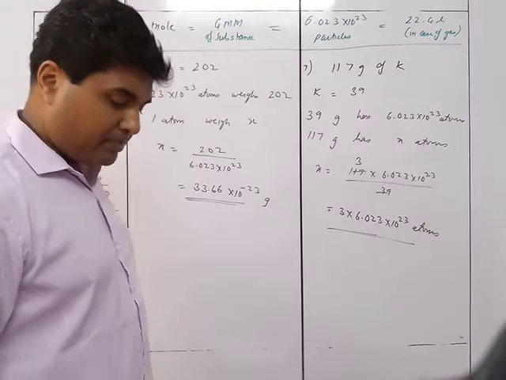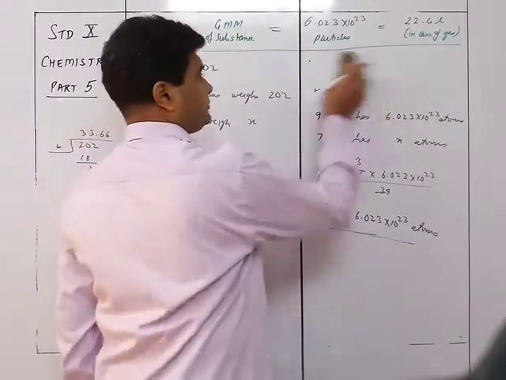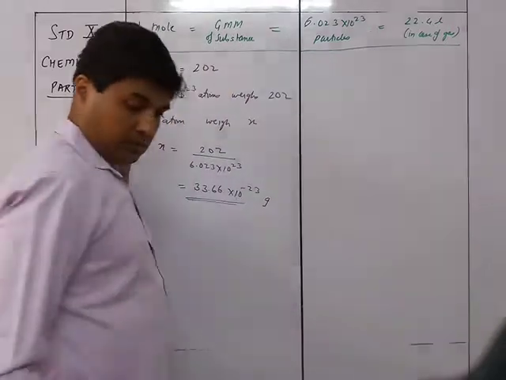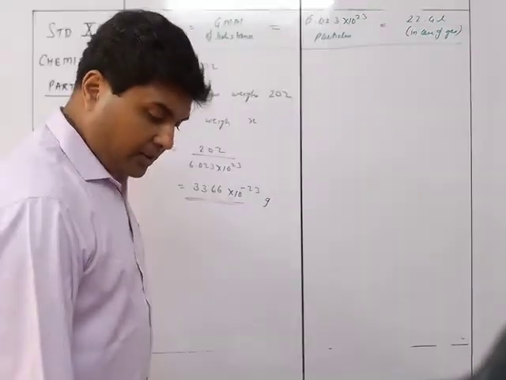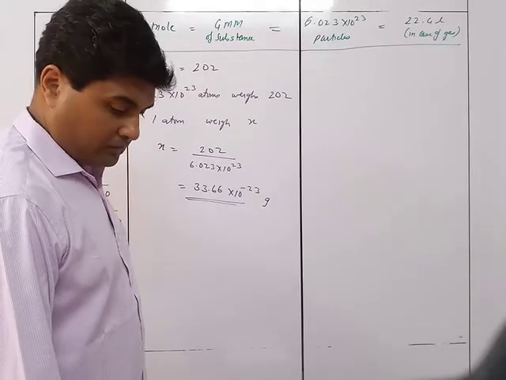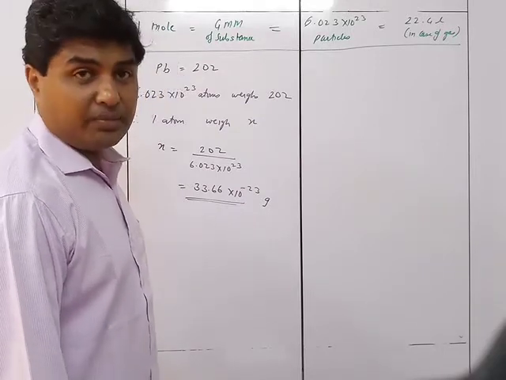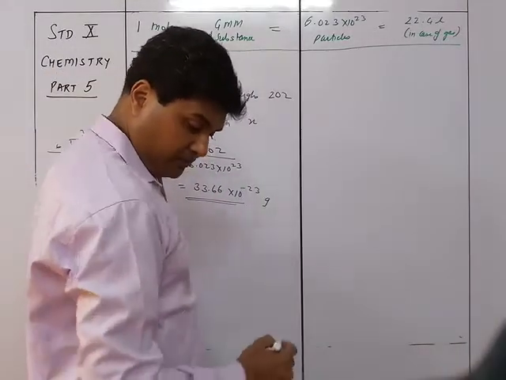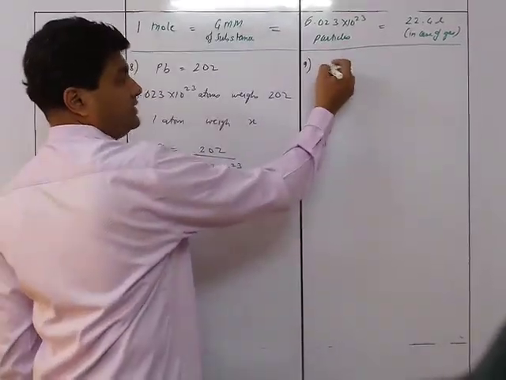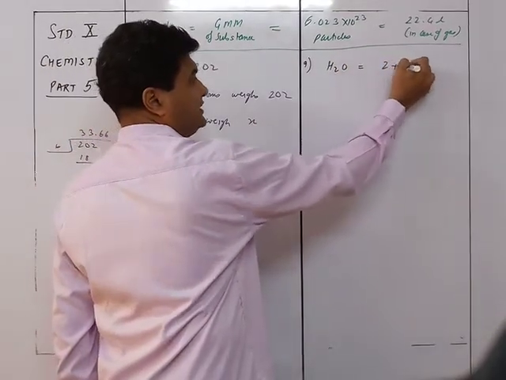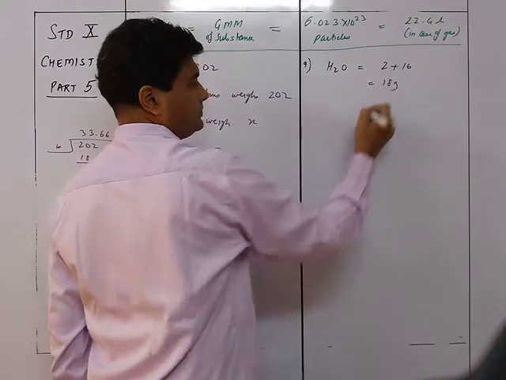Now we move on to sum number 9. The number of molecules in 1.5 liter of water. So we have got to find out the number of molecules in 1.5 liter of water. Water is H2O, which is nothing but 2 plus 16 is equal to 18 grams.